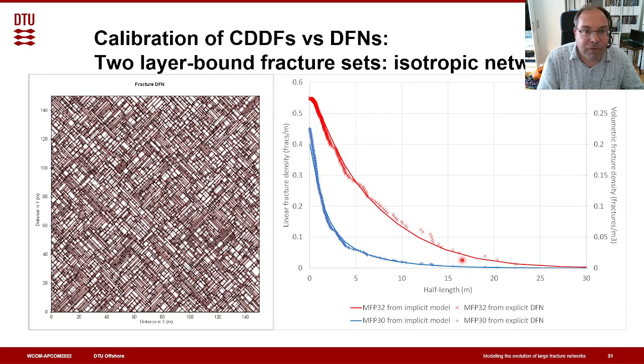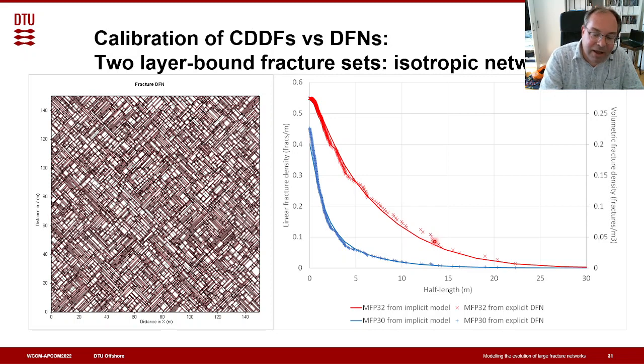We can do the same for a fracture network containing two perpendicular fracture sets that interact by intersection as well as stress shadow interaction, and again we get a very good agreement between the explicit fracture network and the implicit fracture model.